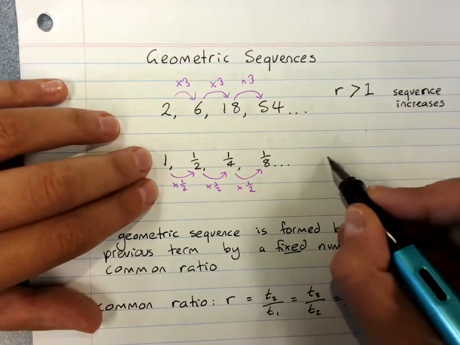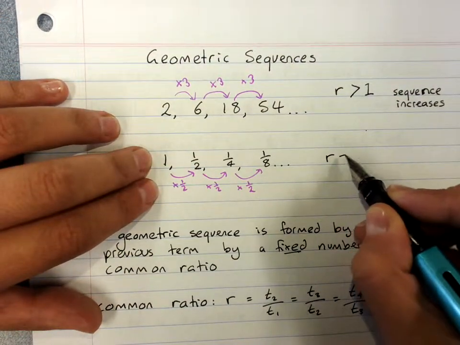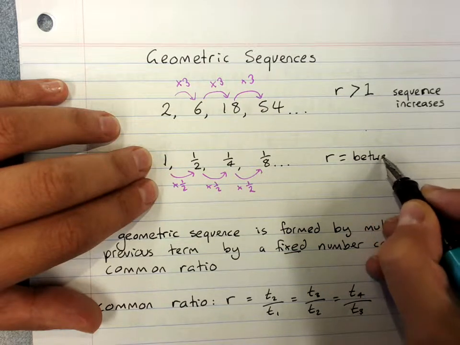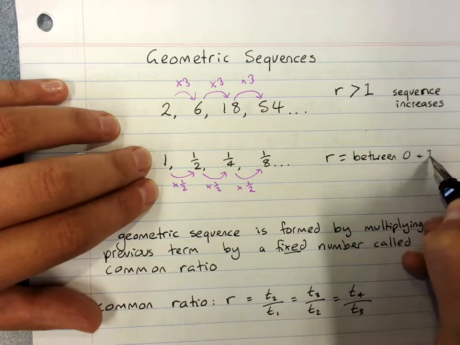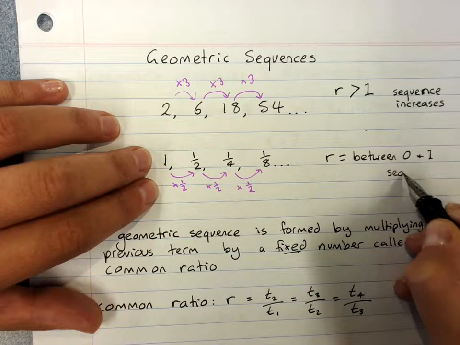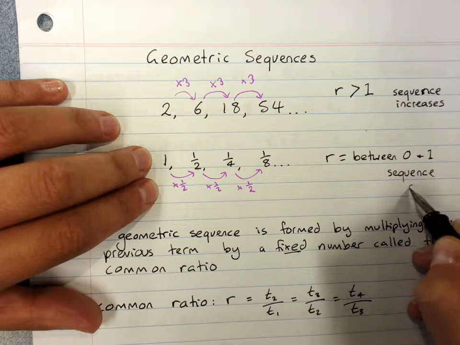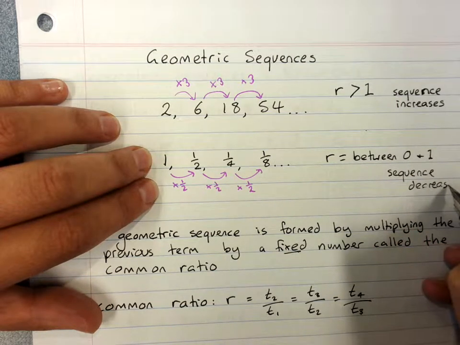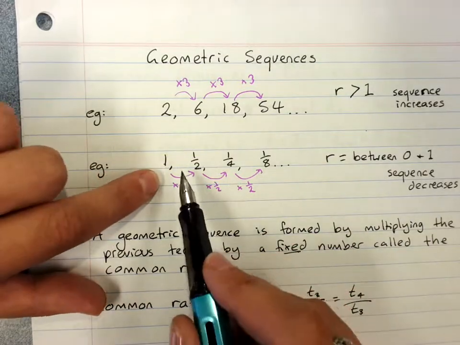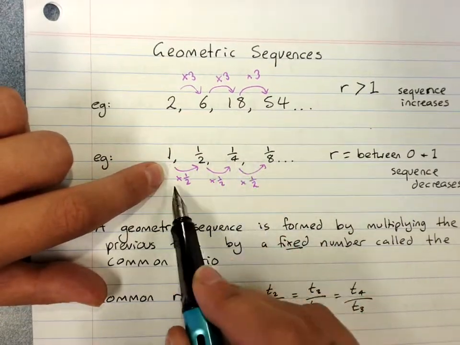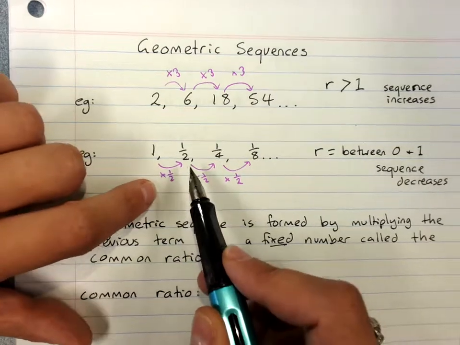When my common ratio is between 0 and 1, the sequence decreases. So I'm multiplying by a number less than 1, so it's becoming smaller. I'm multiplying by a fraction.